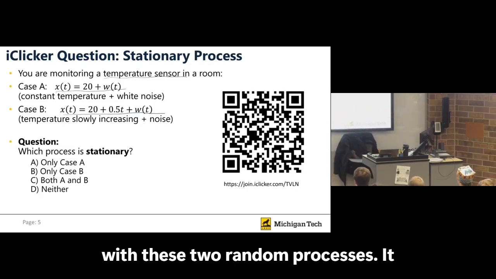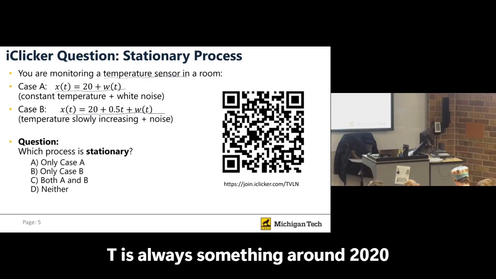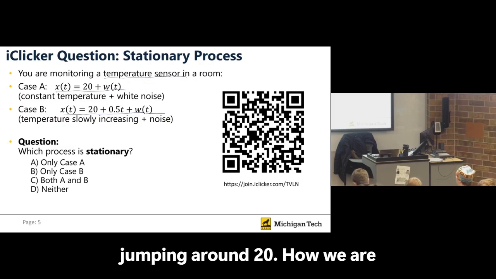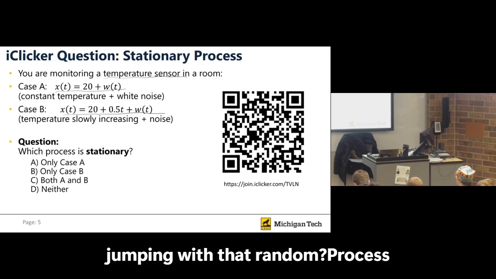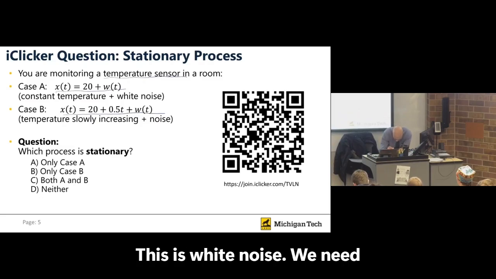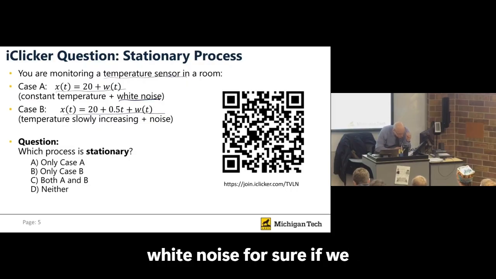It means the temperature at time t is always something around 20. 20 is the mean, and we are jumping around 20. How are we jumping with that random process? This WT is white noise. We need to have some information about this white noise for sure.